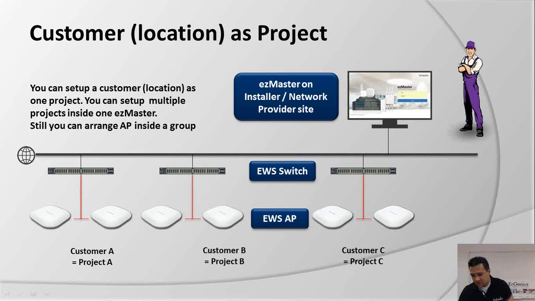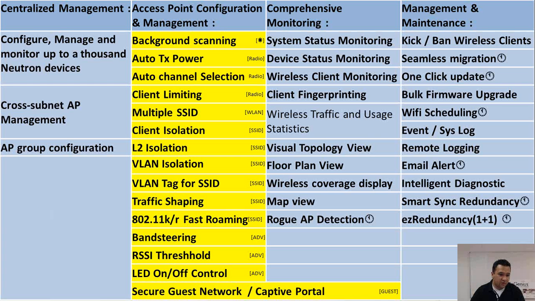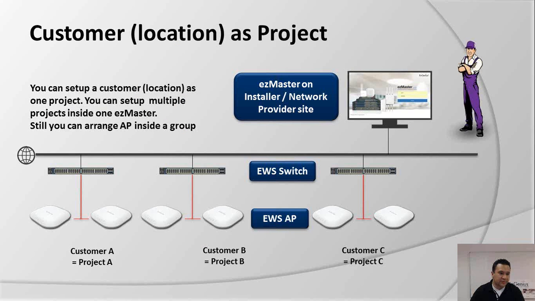So in this drawing, you see I have my ezMaster remotely set up by me in my office, for instance, and I have customer A with project A, customer B with project B, and customer C with project C. So even with one ezMaster, I can already provide the wireless management service to various different customers. Just one restriction here: we can manage up to 1,000 access points.